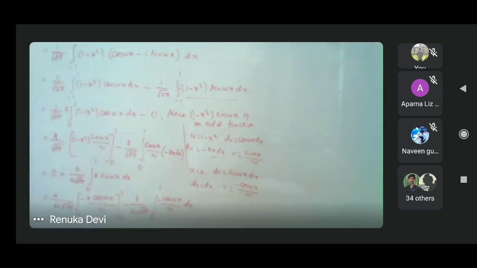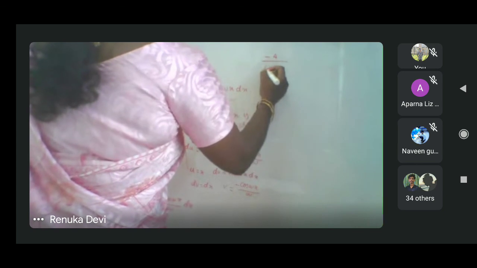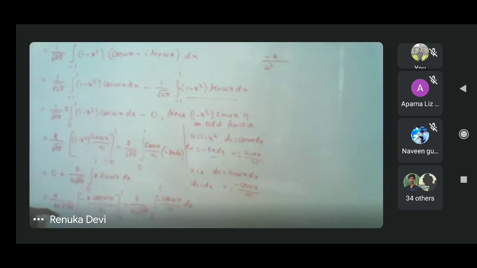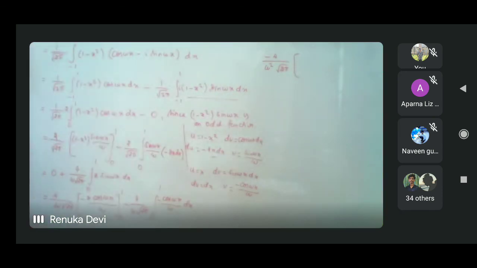Now you substitute the upper limit. It is 1 into cos w by w. I take one minus outside, w also outside. So minus 4 by w squared root 2 pi. Substitute the upper limit.